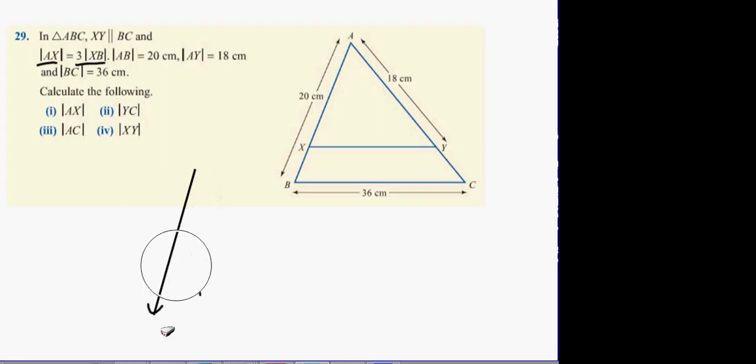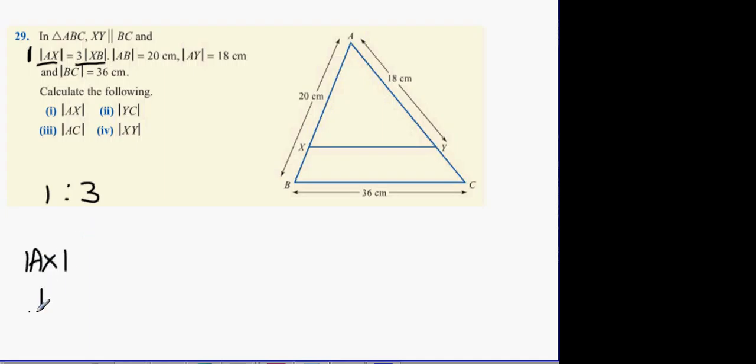Bottom line, when you get ratios, add the ratios. It's a ratio of 1 to 3. This means that the line AX is worth 1/4 of the full line and the line XB is worth 3/4 of the full line.